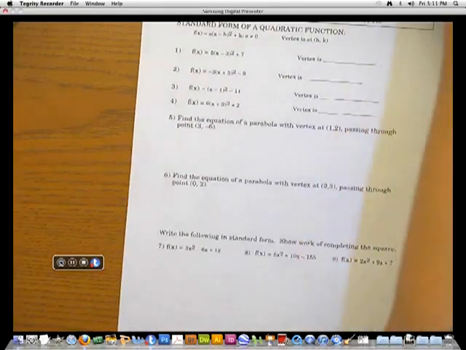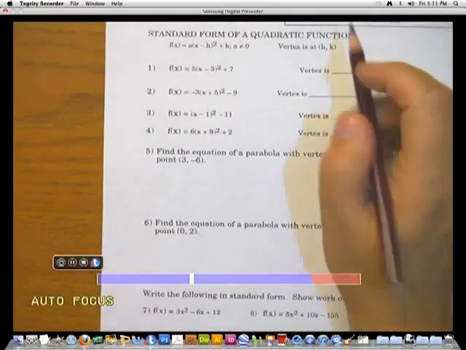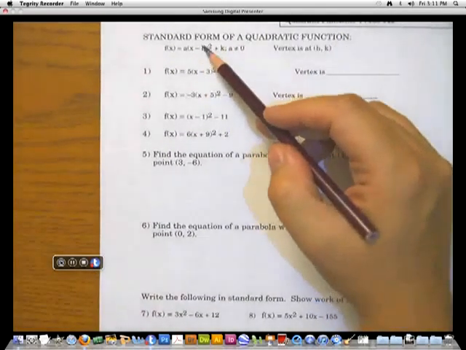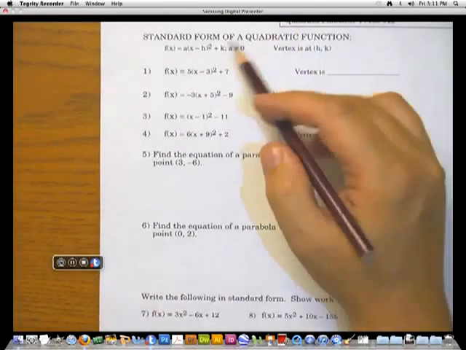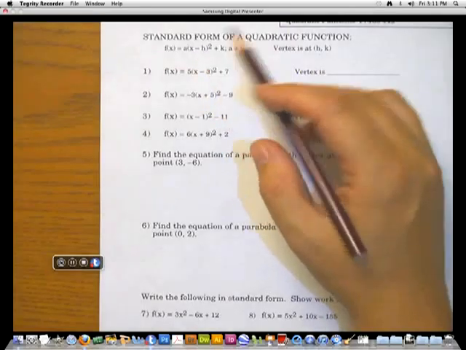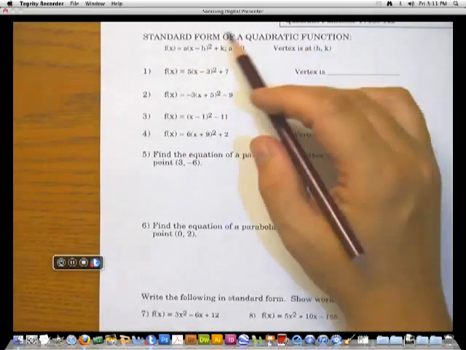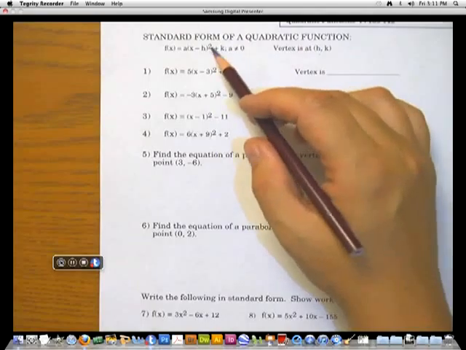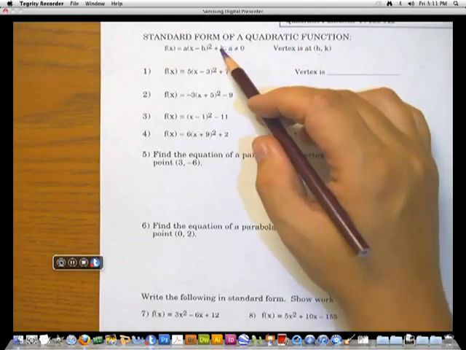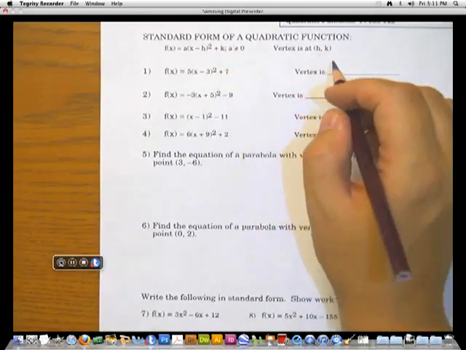Notice that when we talk about a vertex, the h is an opposite because it's inside the parenthesis, just like it was in a circle. It's an opposite sign. But the k is not in a parenthesis. The k is out separate, and it is the same sign.